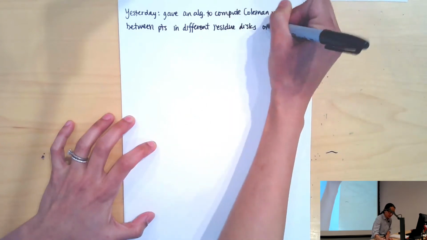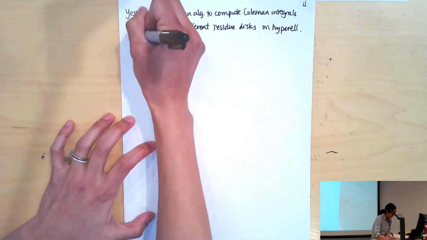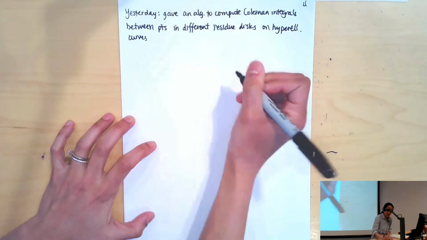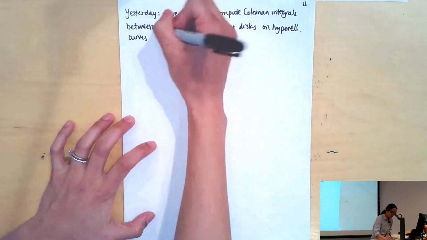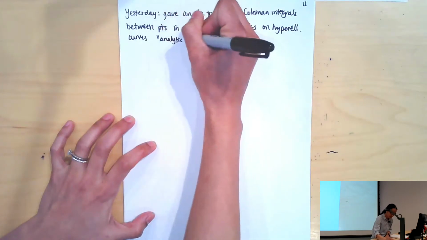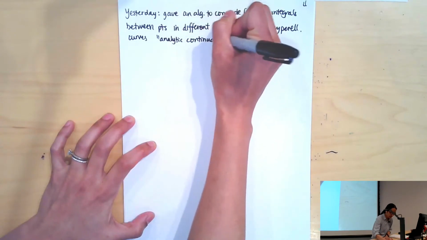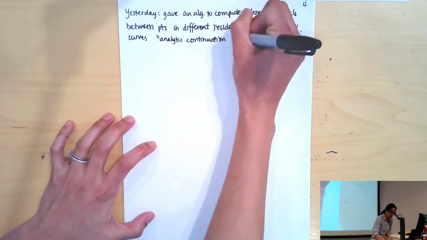And this was on hyperelliptic curves. And the method was something that we called, so I don't think we said this yesterday, but David said this morning, analytic continuation along Frobenius.